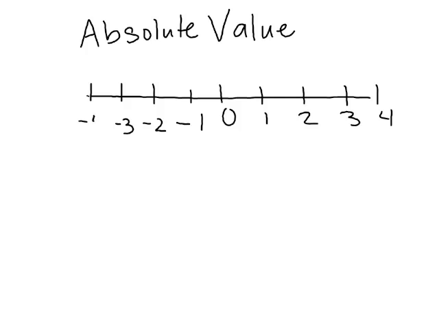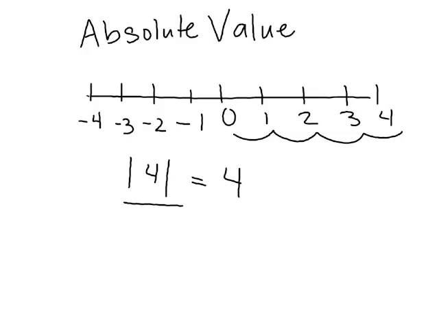When we refer to absolute value, it's asking me the distance from 0. And the way that's written mathematically is I have 2 lines and then a number in between. So this is asking me what is the absolute value of 4. So how far away from the 0 does it take me to get to the number 4? So we go 1, 2, 3, 4 places. So the absolute value of 4 is 4.